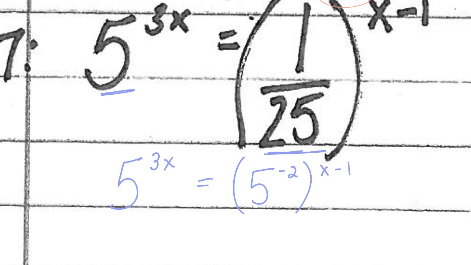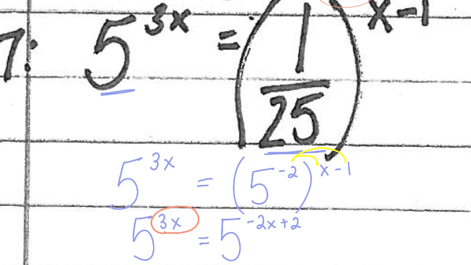So all I did is I changed the 1 over 25 as 5 to the negative 2. And now this has to distribute. So I'm going to rewrite this as 5 to the 3x is equal to 5 to the negative 2x plus 2.